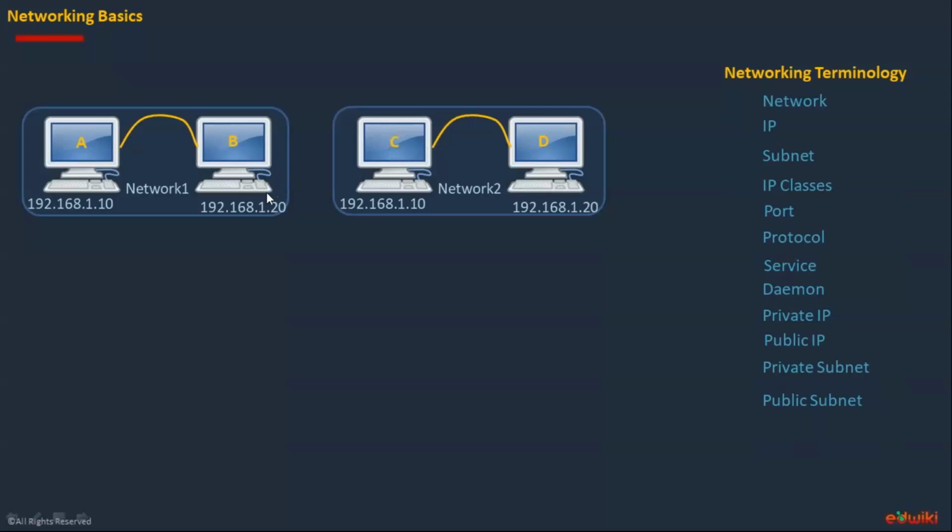Just to repeat, the servers which belong to the same network can communicate with each other, but the servers which belong to different networks cannot communicate with each other by default. The term by default is underlined here because by default, A cannot communicate with C, and B cannot communicate with C, because those belong to two different networks.